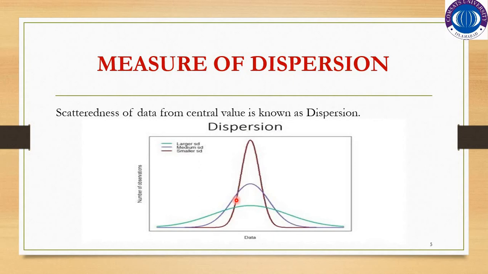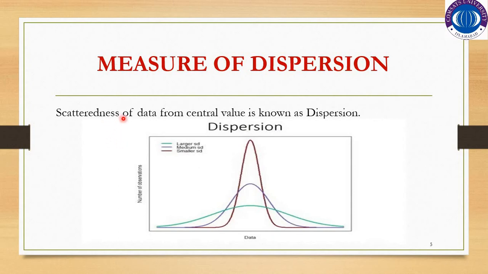How could we find out the main features of the data sets when they have the same mean but different data values? So in this case, we discuss the measure of dispersion, that is, how much the data is dispersed around the central value.